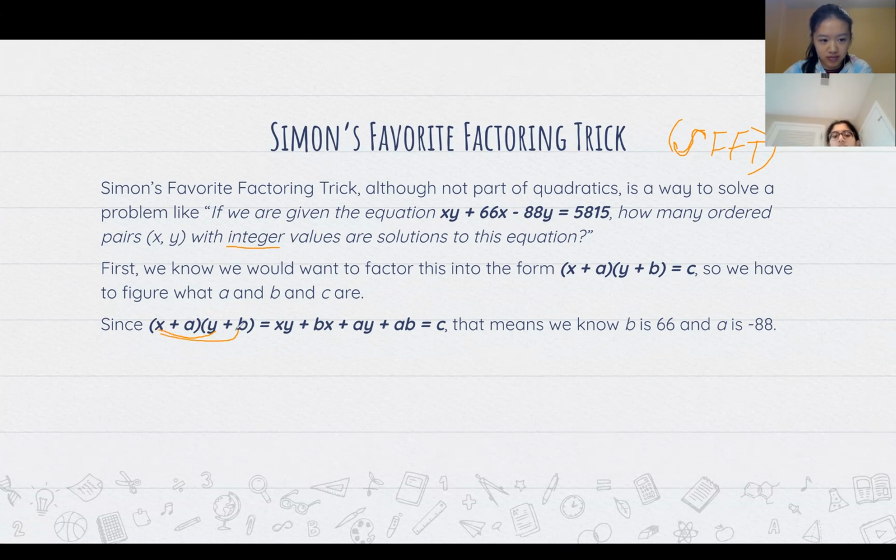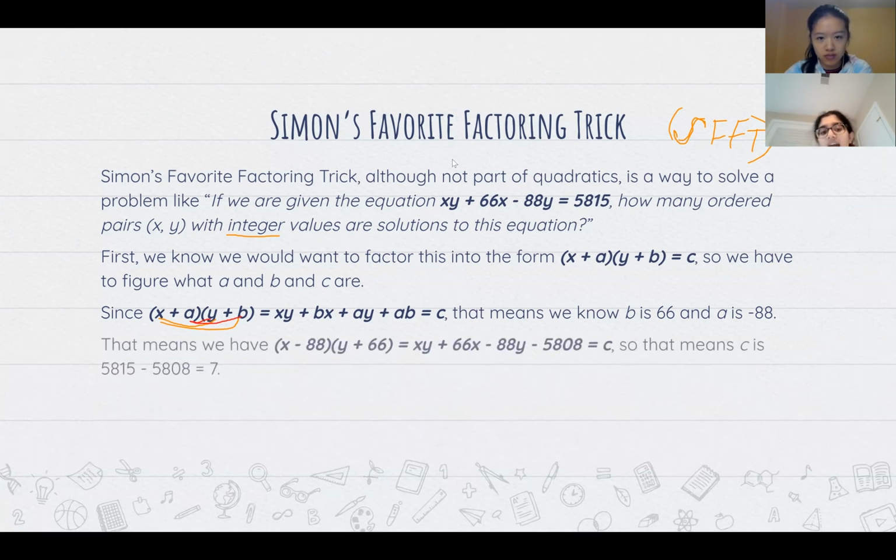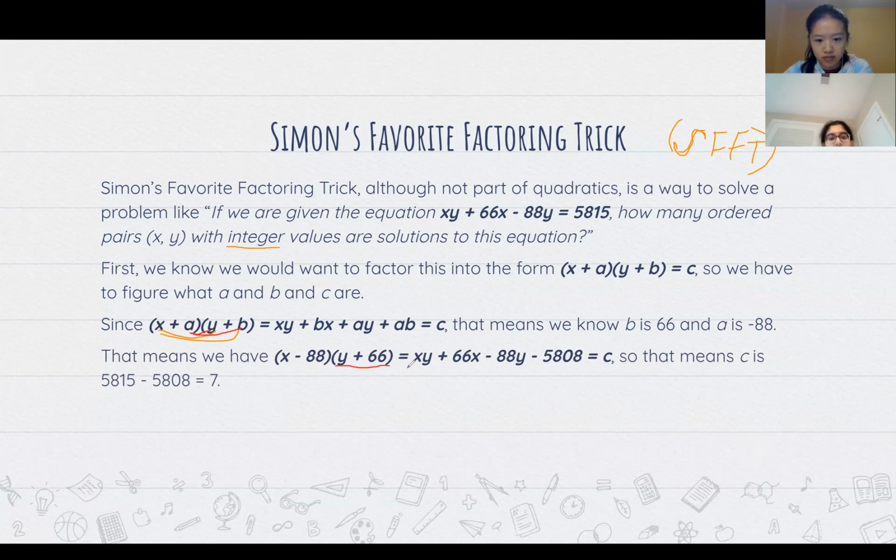which equals c. So we know the coefficient of x, which is b, is 66. So b is 66, and we know the coefficient of y, which is a, is negative 88, so a is negative 88. So we get x minus 88 times y plus 66 is equal to c, and we need to solve for c.